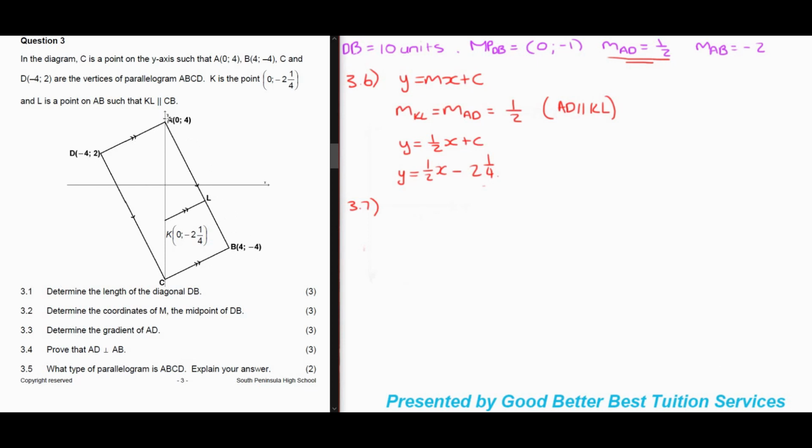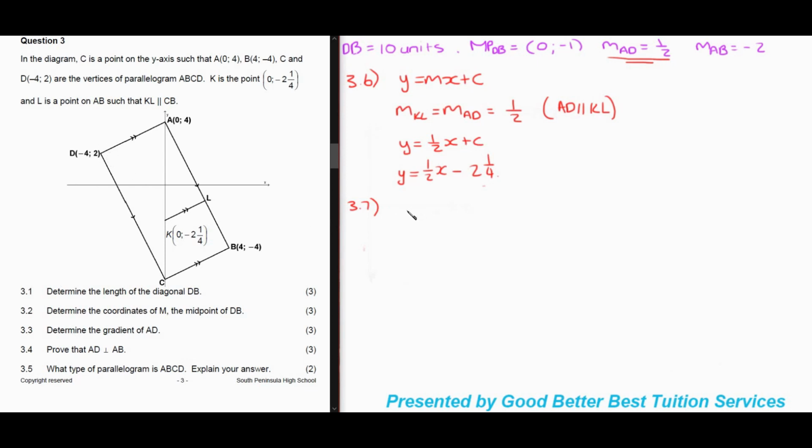They would move in the exact same way because they have the same length, because it's a rectangle, and they have the same gradient because it's a parallelogram. So from (0; 4), we see how it moves down to (-4; 2): 4 units to the left and 2 units down.